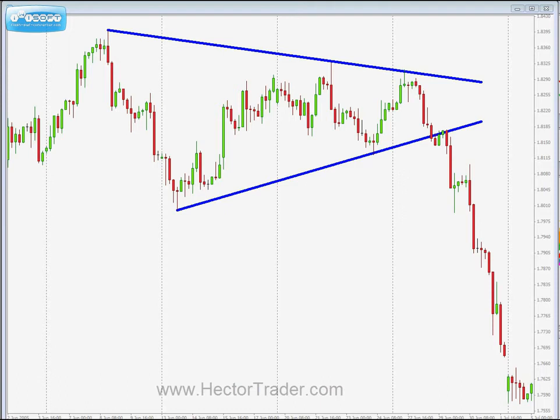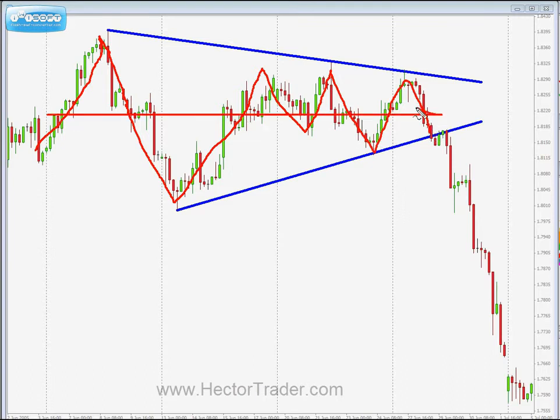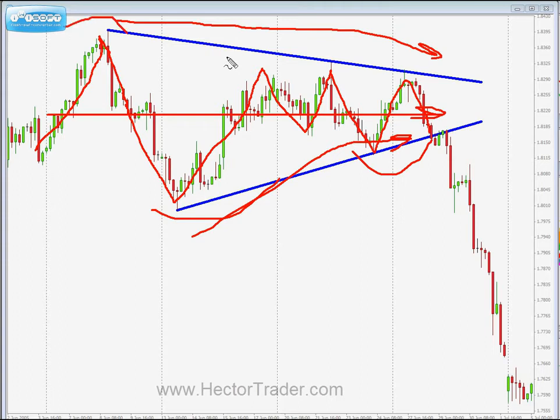Okay, so as I was saying, price clearly gets into this consolidation area, bounces up and down within the triangle boundaries, basically moving sideways as you can see, but also tightening in, okay, with higher lows and lower highs.